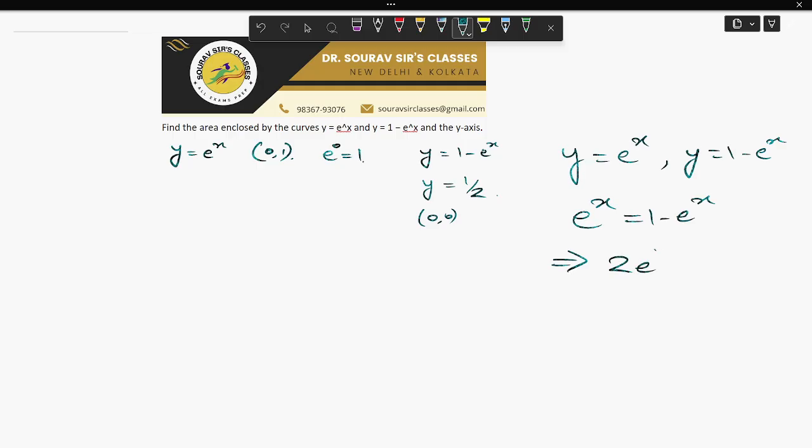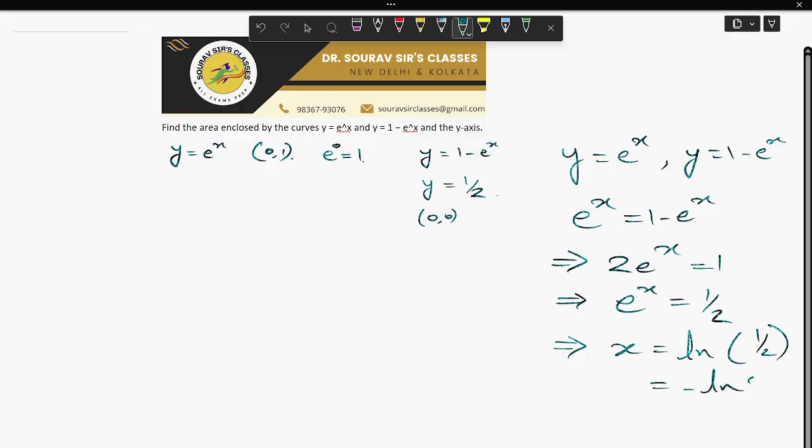So we get 2 e to the power x equals 1, so e to the power x equals half. Then x equals ln half, and that will be minus ln 2, because half is 2 to the power minus 1.